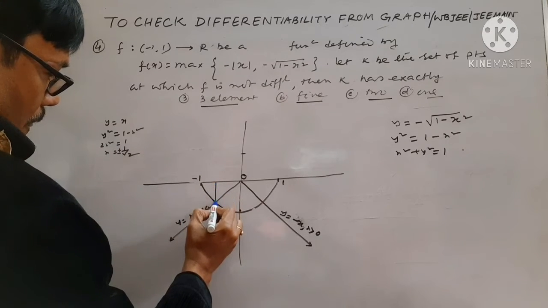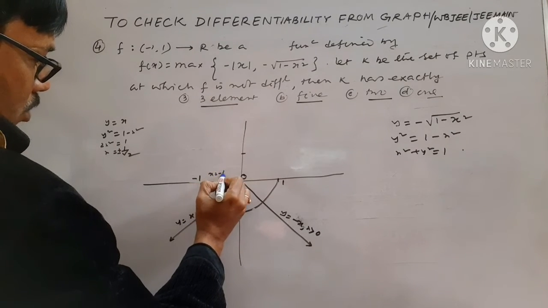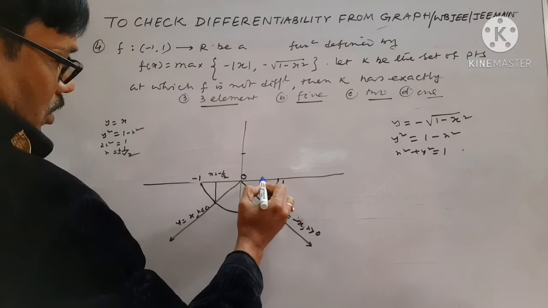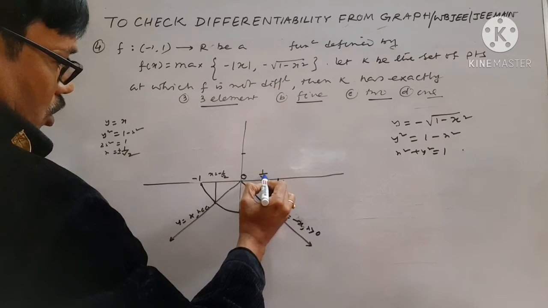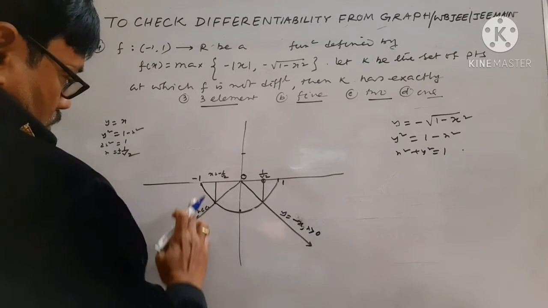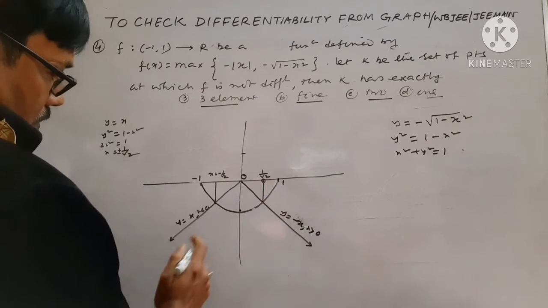So this is minus 1 by root 2, and this is plus 1 by root 2. So domain is minus 1 to plus 1.